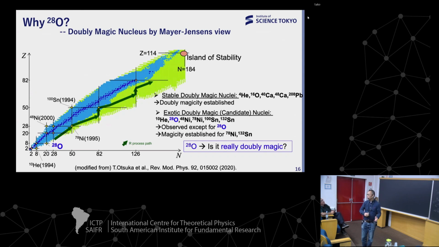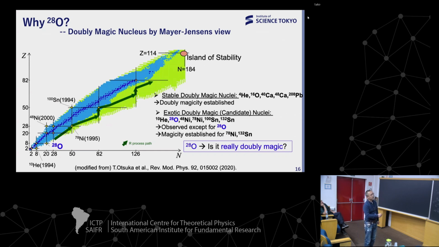But actually, we don't have many doubly magic nuclei. For instance, there are only 5 stable doubly magic nuclei: helium 4, oxygen 16, calcium 40, calcium 48, and lead 208. That's all, right? Of course, double magicity is established for these 5 species.